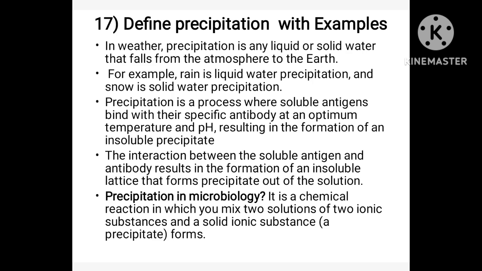Precipitation in microbiology is a chemical reaction in which you mix two solutions of two ionic substances and a solid ionic substance forms, which is called precipitation. Another definition: precipitation is a process where soluble antigens bind with their specific antibodies at an optimum temperature and pH, resulting in the formation of an insoluble precipitate.